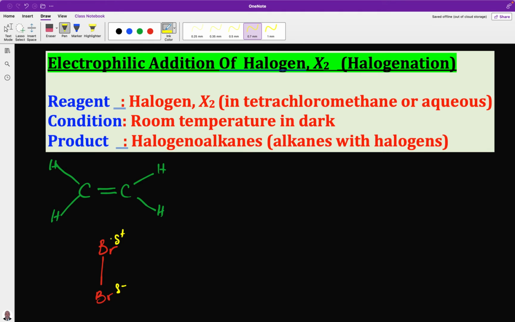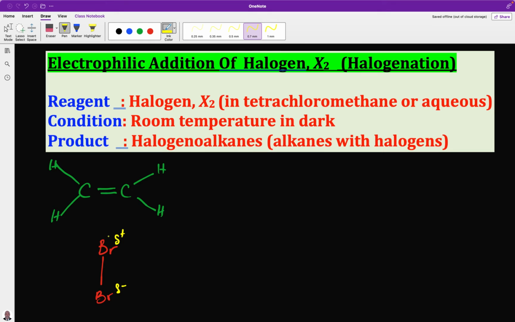As this molecule is approaching this cloud of high electron density, a dipole is induced here. Electrons are negatively charged, so they will induce a partial negative charge on this other end here, a partial positive charge on this end. Since electrons are negatively charged, the cloud of high electron density here will induce a dipole here.